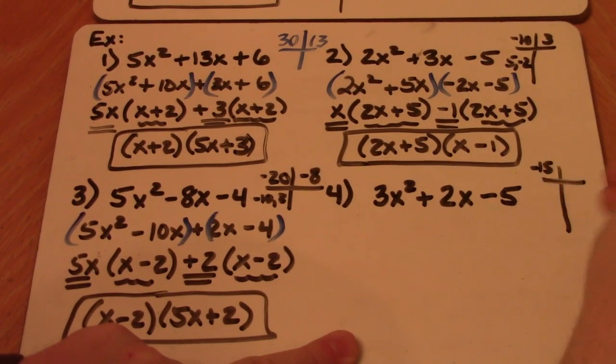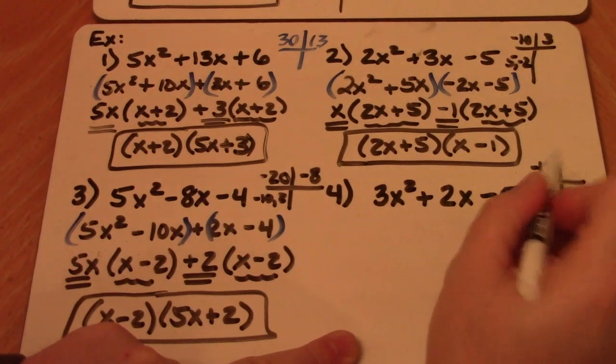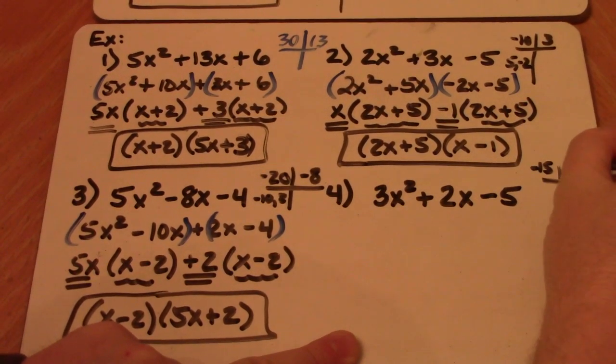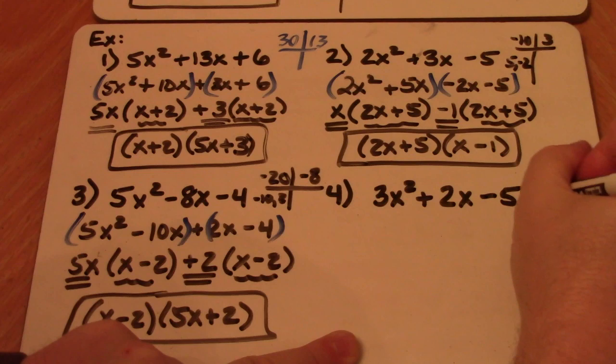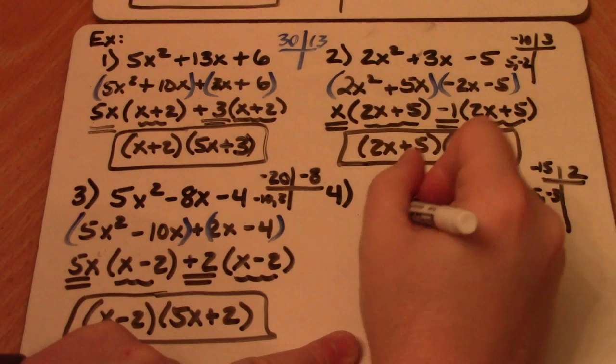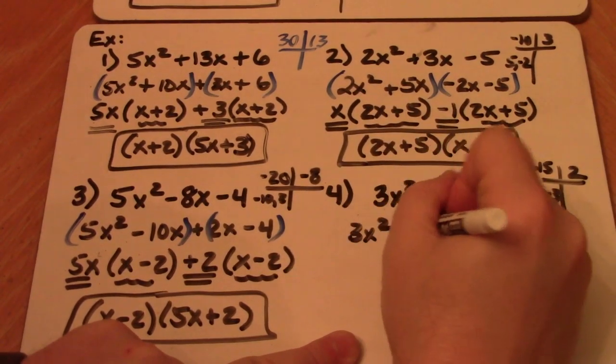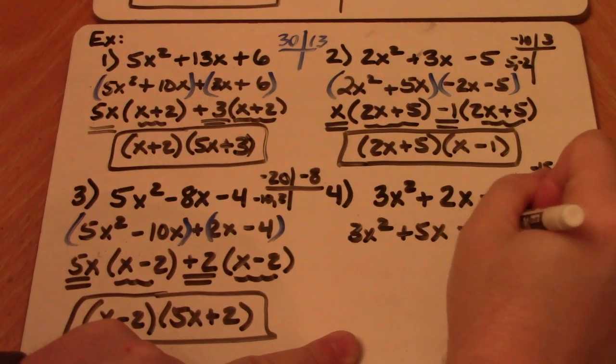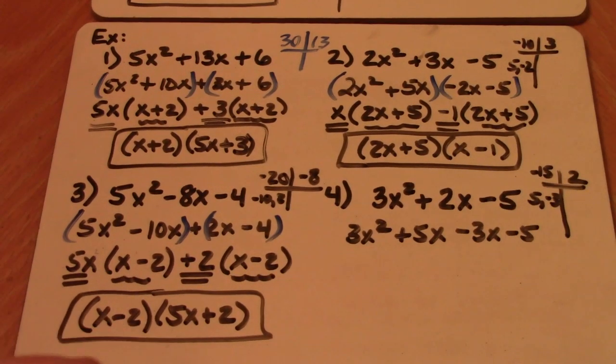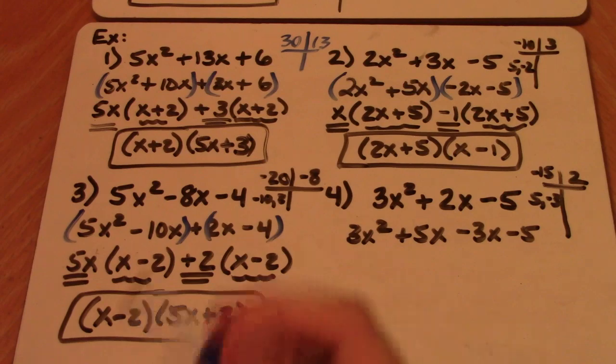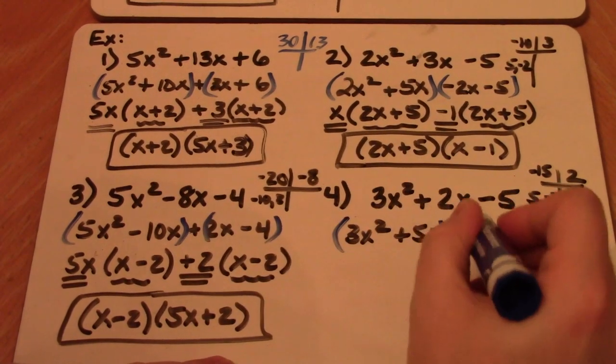So here we're looking for a pair of numbers that multiplies to 3 times negative 5, which is negative 15, and adds to positive 2. That would be 5 and negative 3. So we split up the middle term into a 5x and a negative 3x. We then group the first two and the second two.